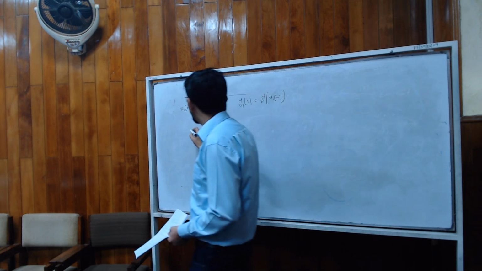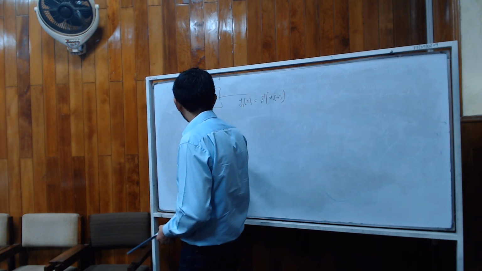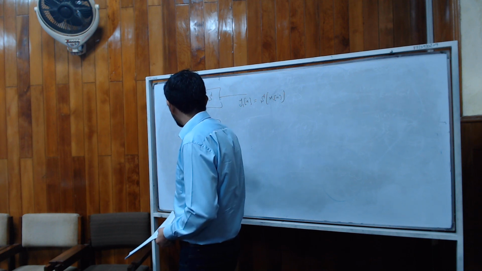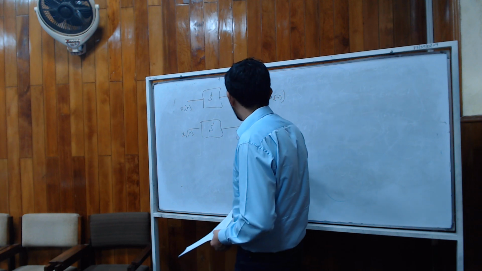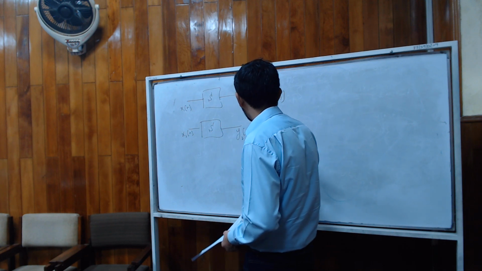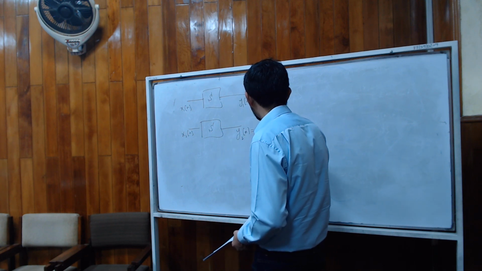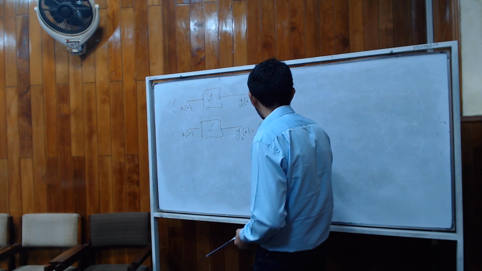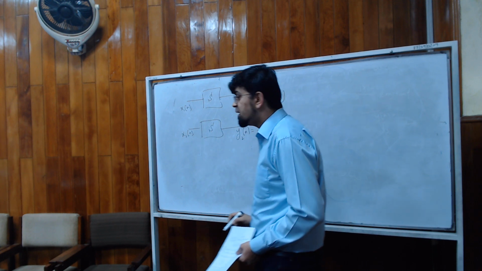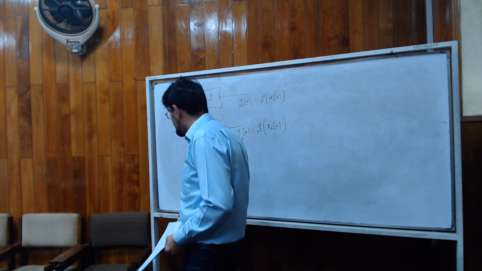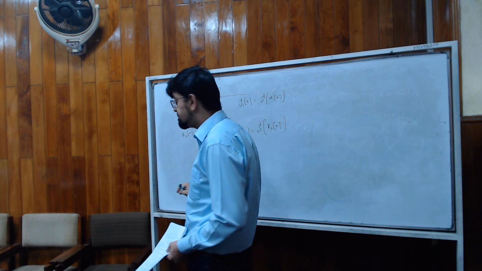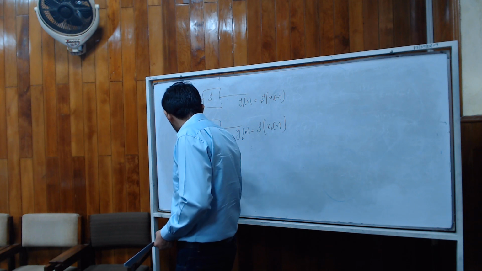Yeah. Then I gave it another input to the same system and got another output, which I am going to call y2[n], and it was the system operating on x2[n]. The question for linearity is this: what happens if I give this system a mixture of these two?